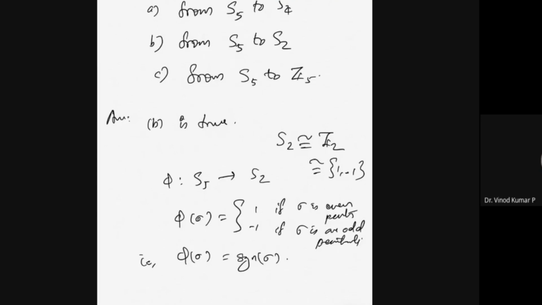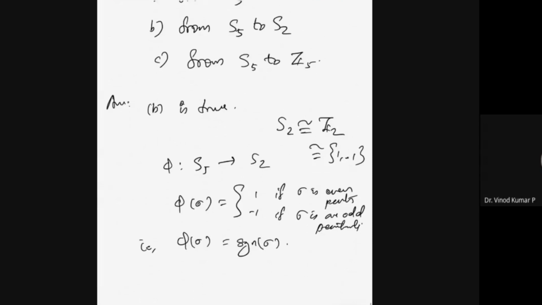The sign of a permutation is 1 if it is an even permutation, minus 1 if it is an odd permutation, defined in terms of the number of transpositions. So this is a homomorphism.